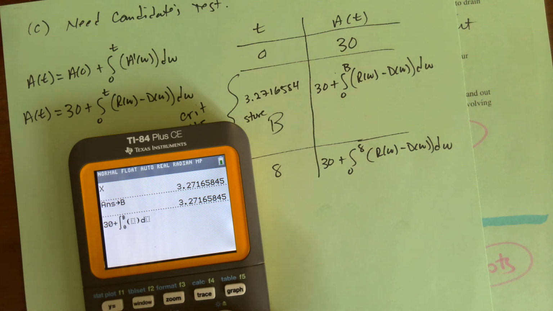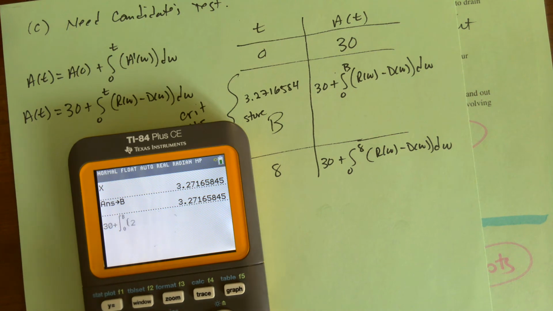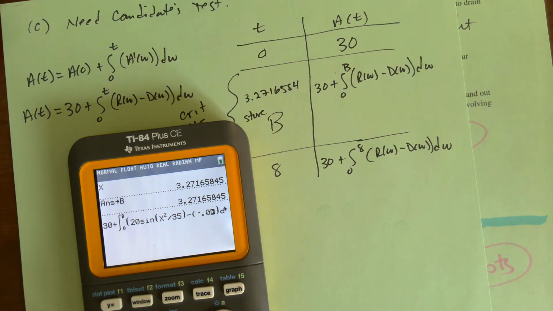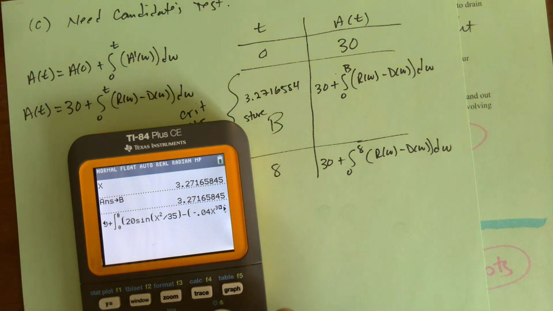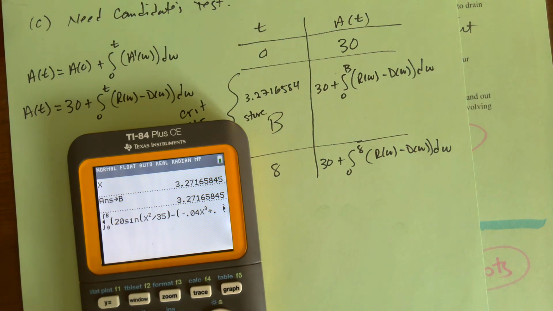And then I've got to do R, 20 sine, minus negative, in parentheses, to the third plus 0.4.